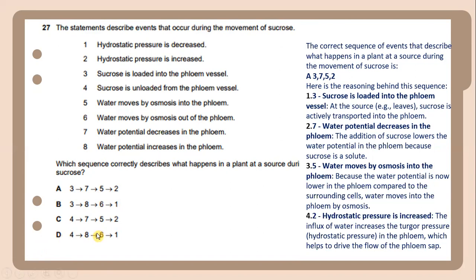Water moves into the phloem by osmosis. And number 2 will be hydrostatic pressure is increased. The influx of water increases the turgor pressure, hydrostatic pressure in the phloem, which helps to drive the flow of the phloem sap. The answer will be 3, 1, 4, and 2.